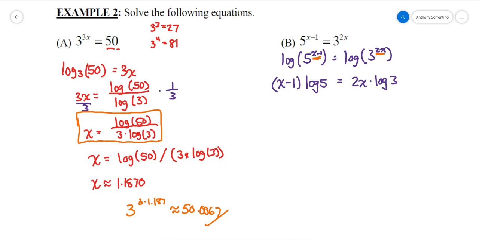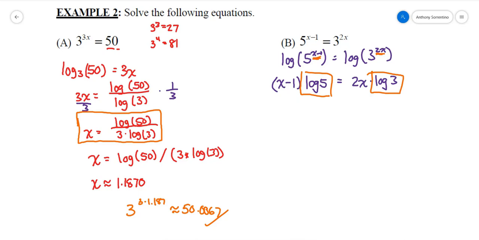So what I suggest doing, and it does take some practice for students to get the hang of doing this, the log of 5 is a number. The log of 3 is a number. Just treat these as being numbers for the time being. I want to get x alone, but right now, for me to get x alone, I do have to manipulate a few things and do some operations to make that happen.